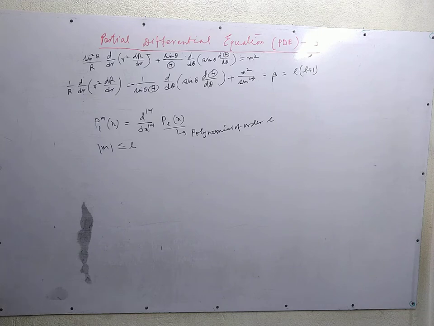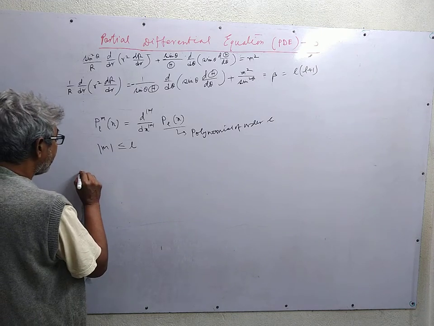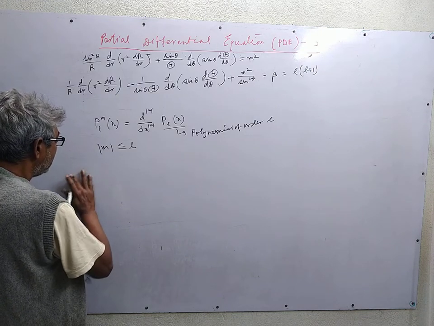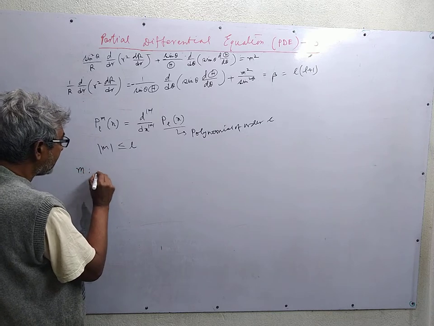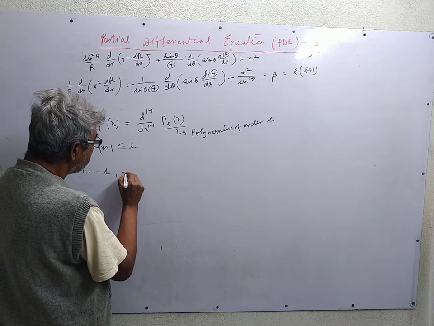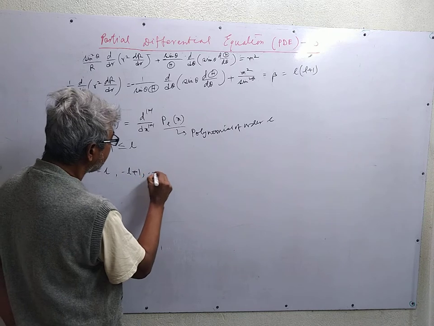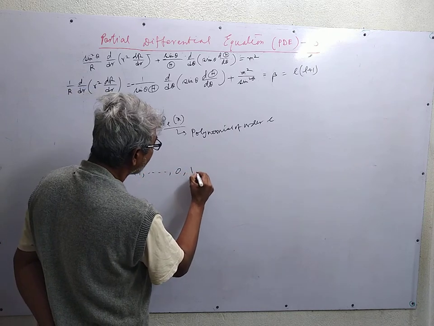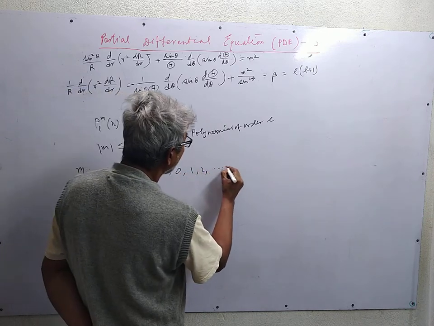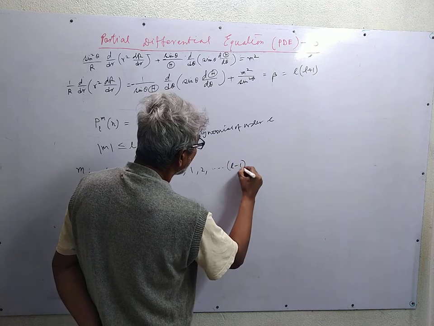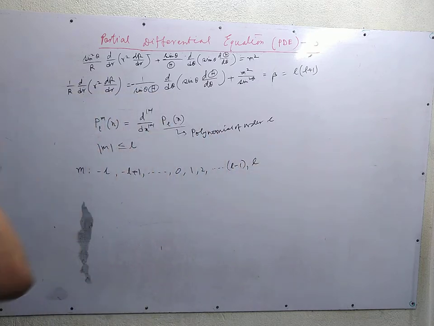So now we can match our result that for a given value of L, M can have values from minus L to L. The restriction comes from the property of associated Legendre polynomial and of Legendre polynomial.